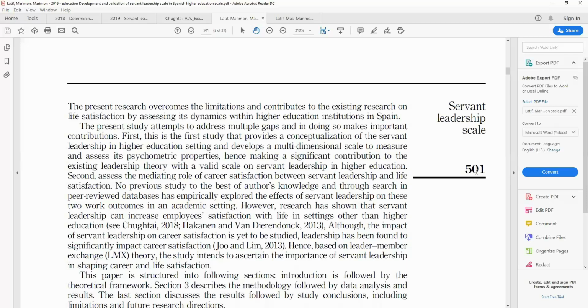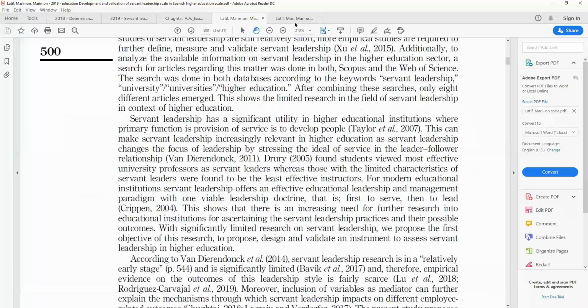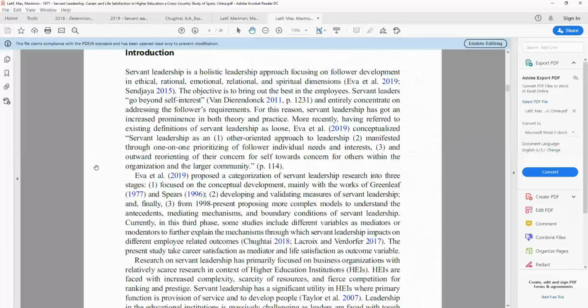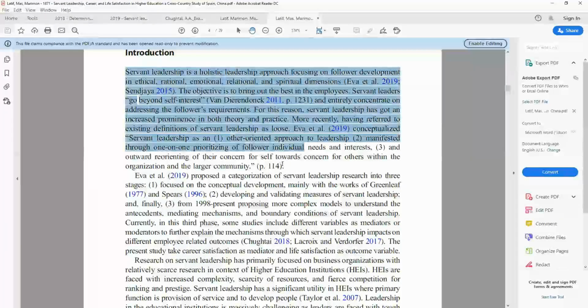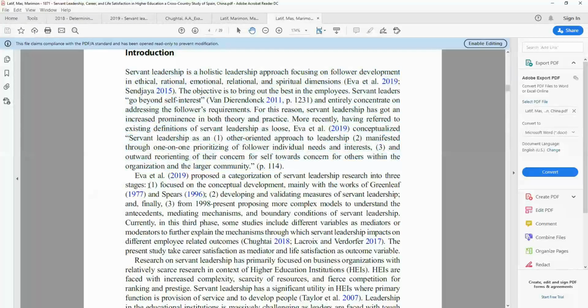It's important that once you have highlighted the limitations and gaps of the existing research like this, and same goes for other studies as well. Like for instance, let's see this paper. Now this paper obviously starts with the role of servant leadership. Once done, this paper talks about, or let's go through this particular paragraph.